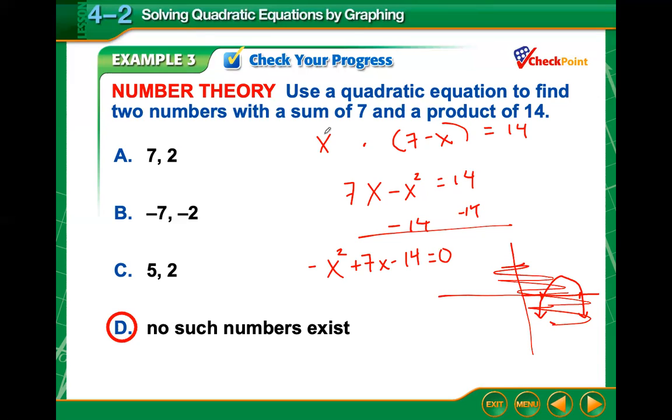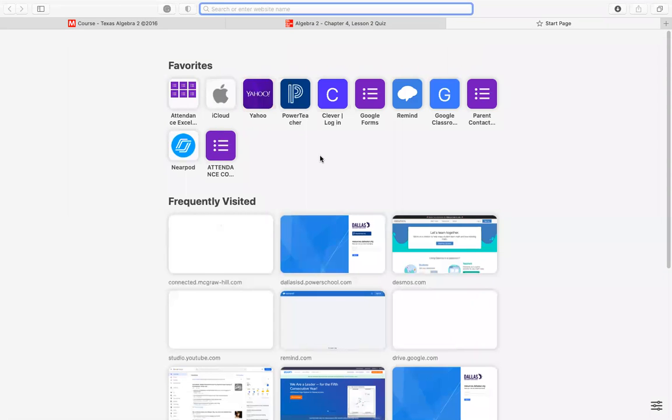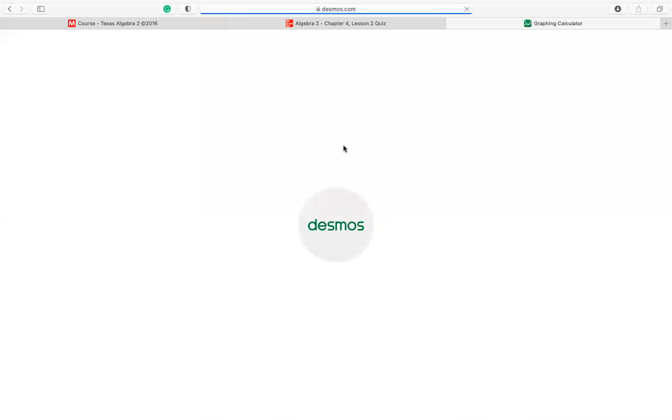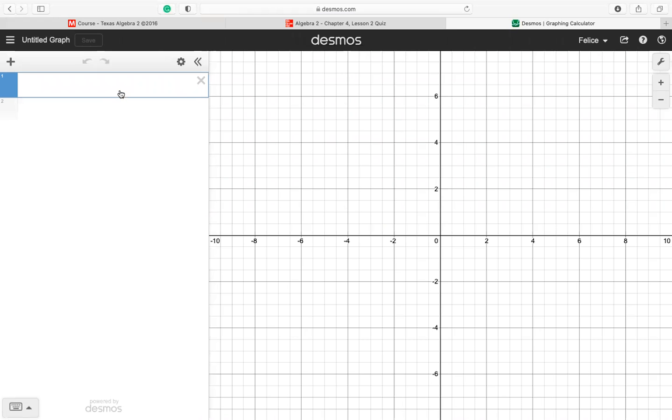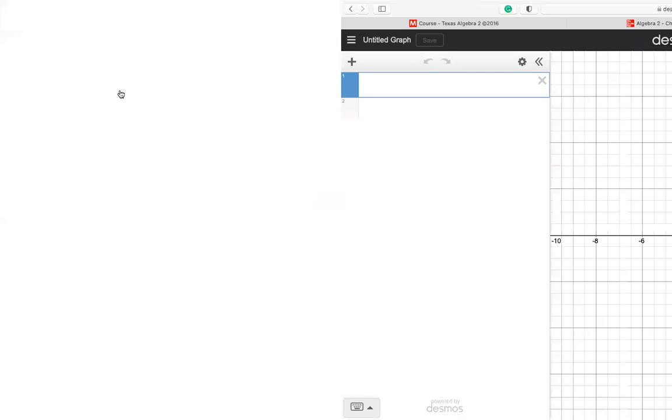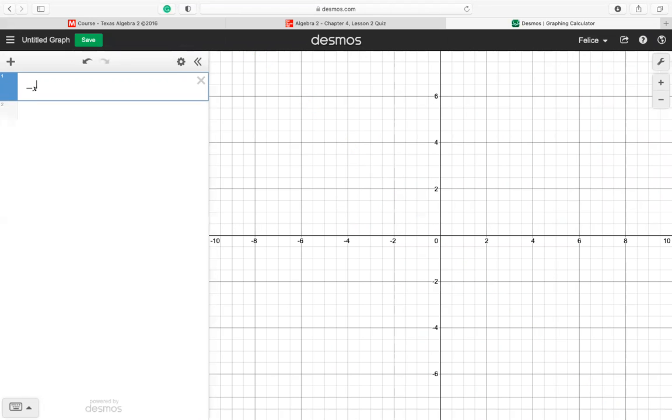We're going to go to desmos.com, and we're going to graph our equation of negative x squared plus 7x minus 14.